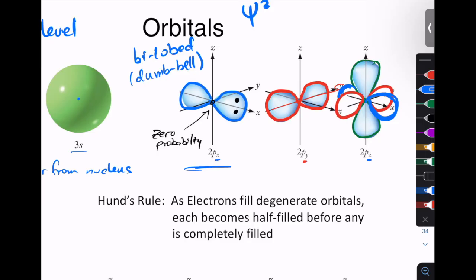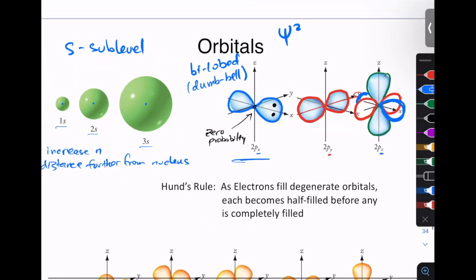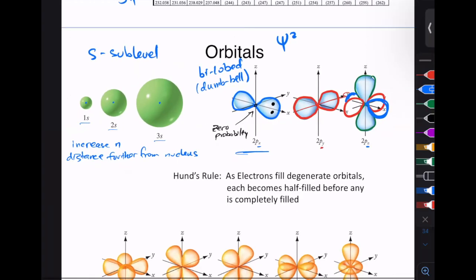But within that p sublevel, we have these three different bilobes that are oriented in such a way that any two electrons are in one of them, but they can't overlap in the probability space of any of the other two. Okay? So it's really not dividing this lecture hall into three equal parts. It's more like this. And this is actually using the theoretical distribution of where those p sublevel electrons could be found at any time.